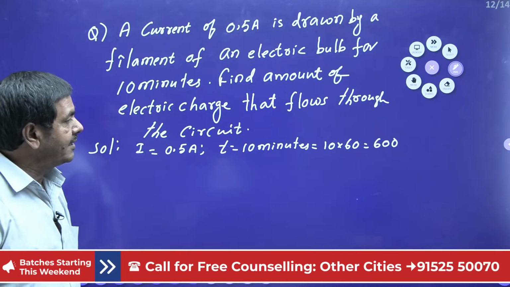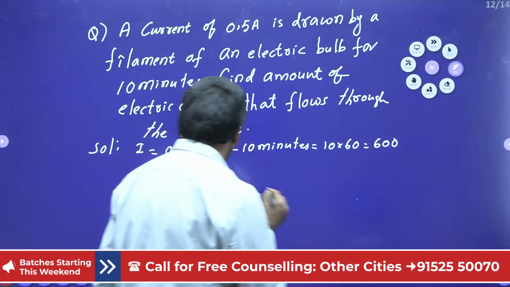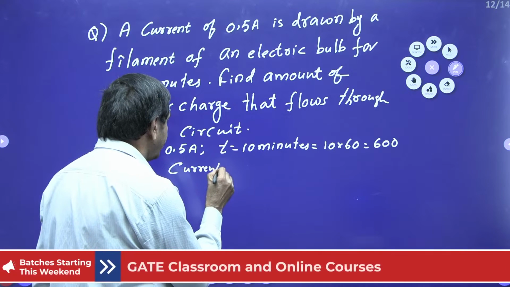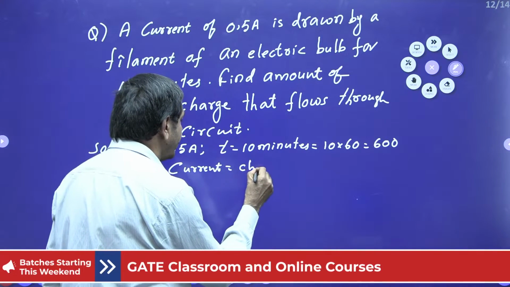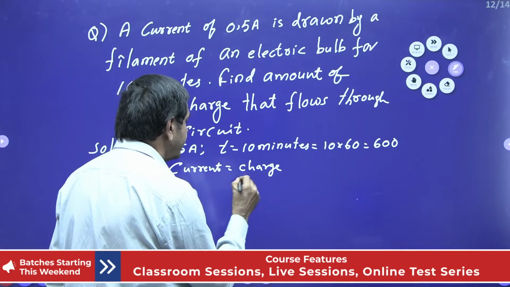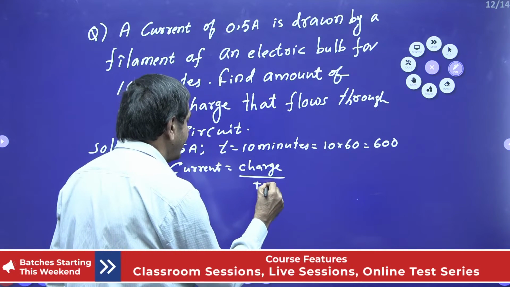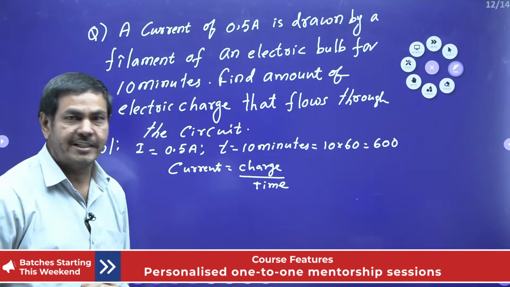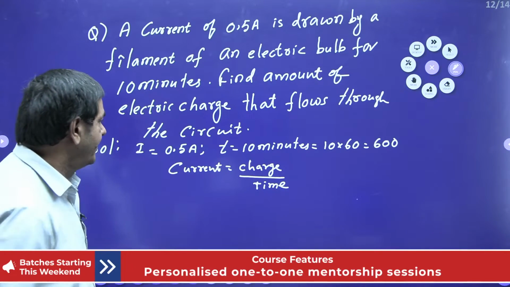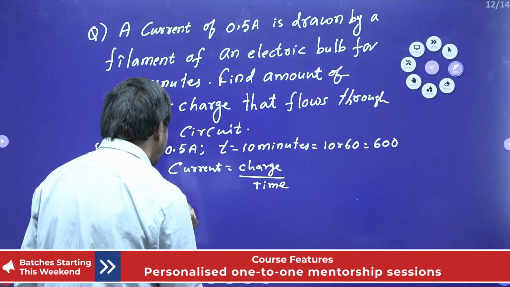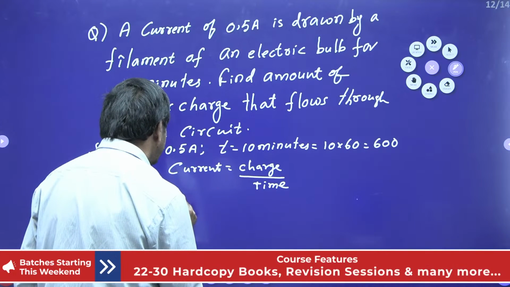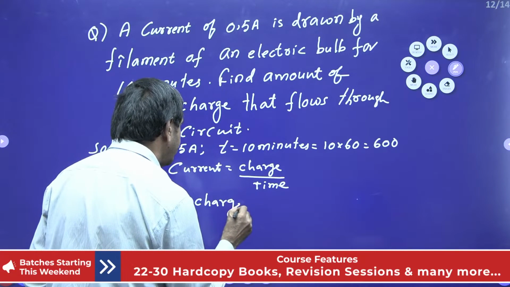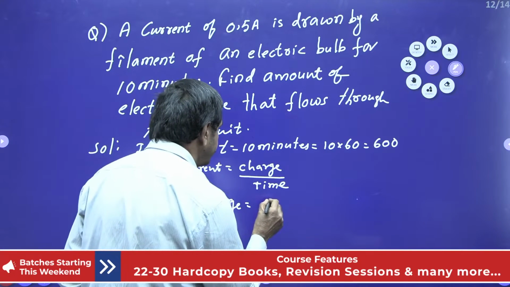But we know very well, current equals, already the definition I gave, charge by time. Simple definition only and simple problems only I am doing here. Here I want the charge. Charge is taken as Q. Charge equals current into time.